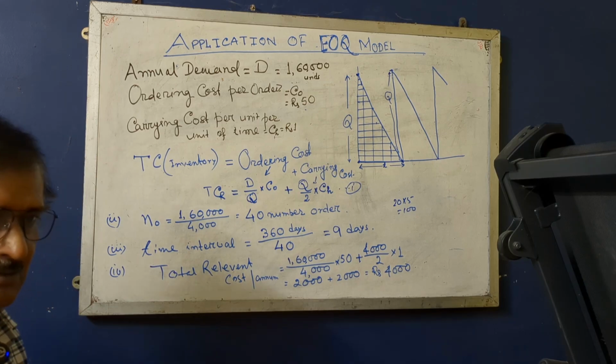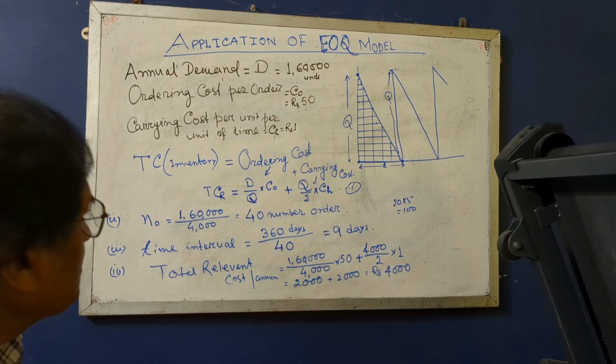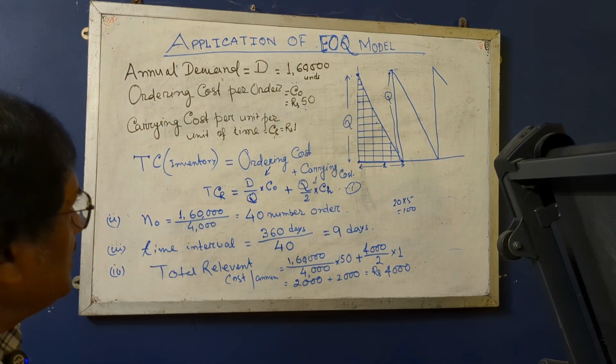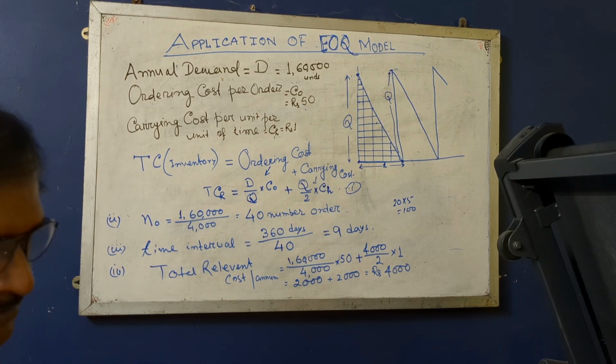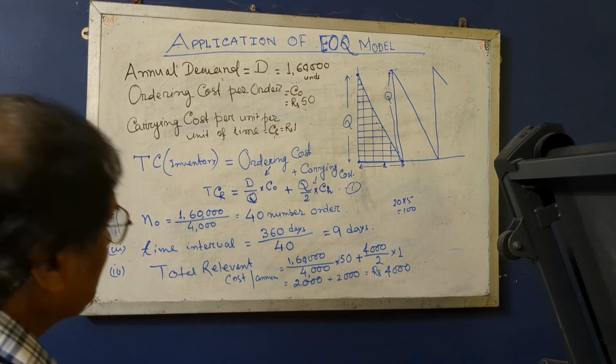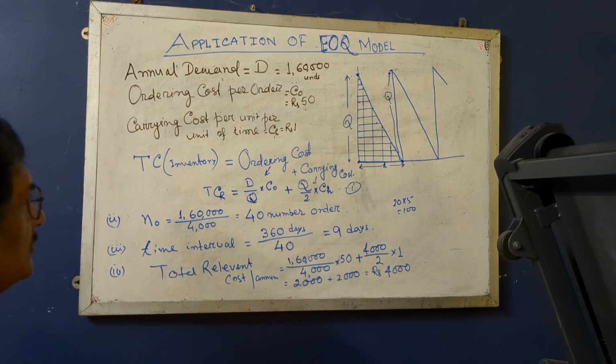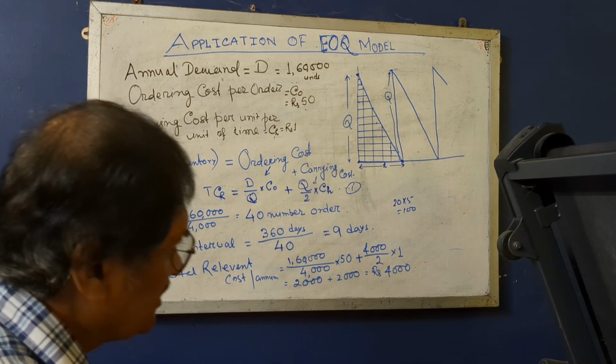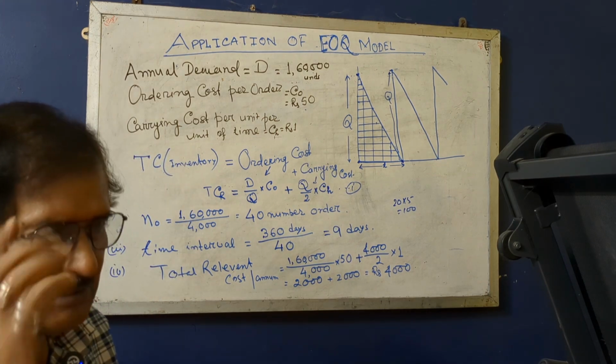When the percentage is given as the carrying cost, then definitely it is the percentage of the material cost per unit. I think it is clear. So the concept of discount and carrying cost in percentage I have already discussed. These are the relevant points you should keep in your mind.